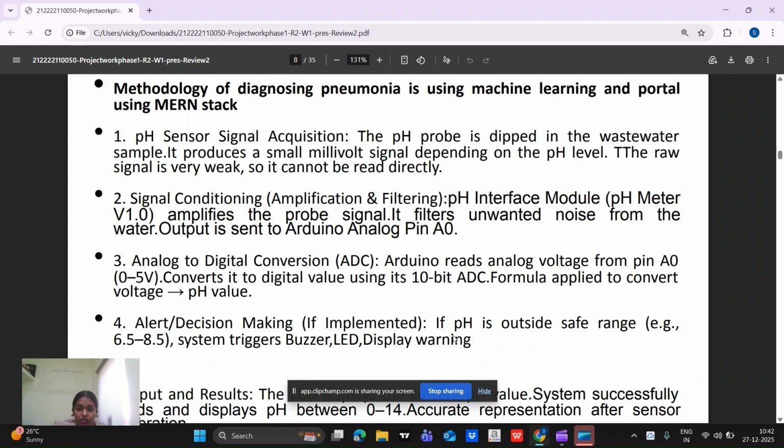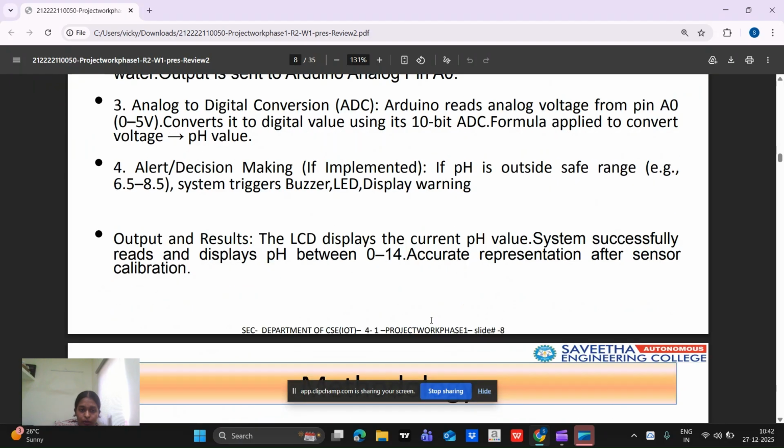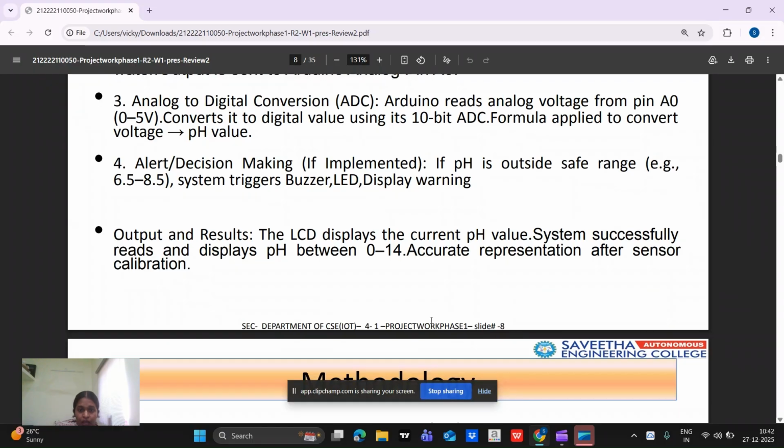If pH is outside the safe range, for example lesser than 6.5 or greater than 8.5, the system triggers a buzzer and LED display warning. Our output will be on an LCD display, which displays the pH value of the water. The system successfully reads and displays pH values between 0 and 14, an accurate representation after sensor calibration.